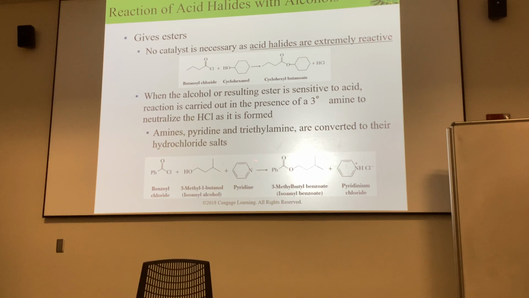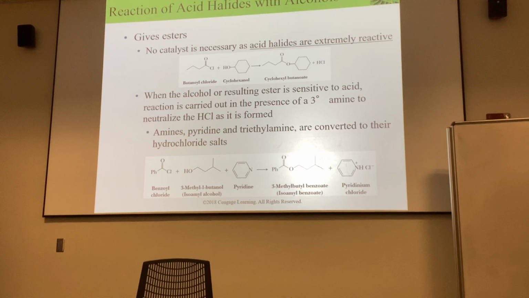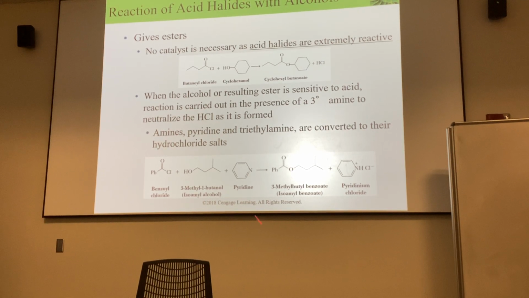Tertiary amine, if the amine doesn't have any hydrogens to deprotonate, this guy is a really nice base. And is it really a nucleophile? I mean, not really, because sure, you could take that lone pair and attack, but then what are you going to do?